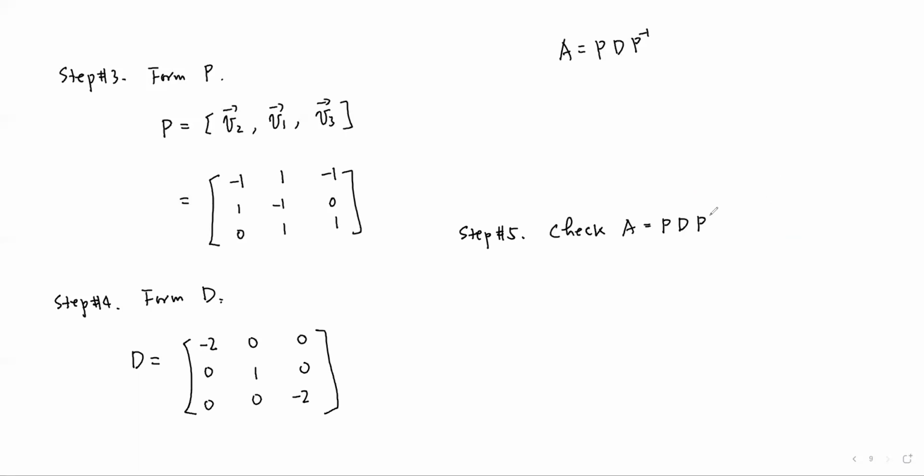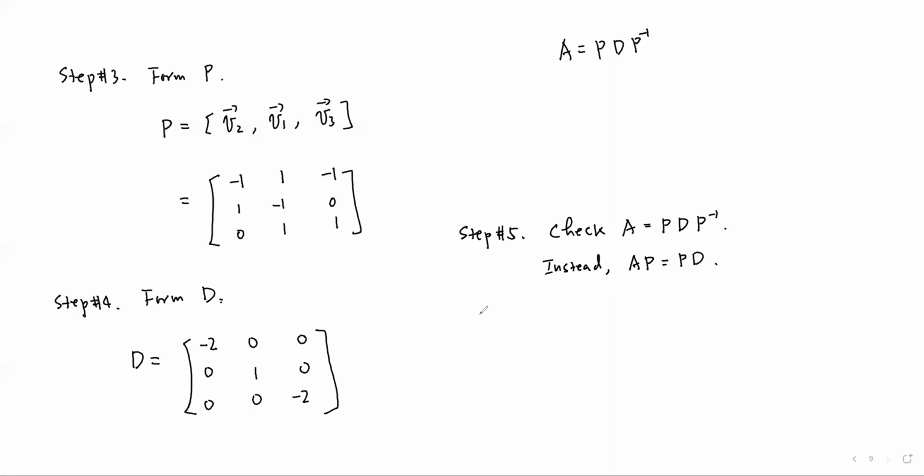Because this equation has an inverse, and I don't like to find P inverse, let me move P inverse to the left side. Instead, I check this equation. This equation, I don't need to compute P inverse.